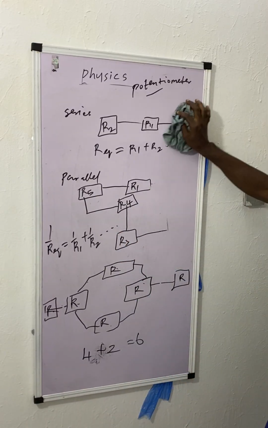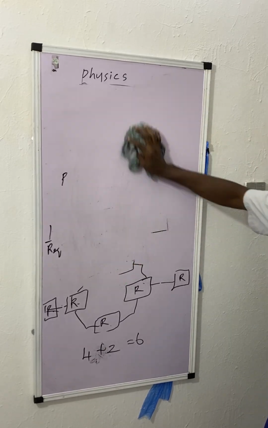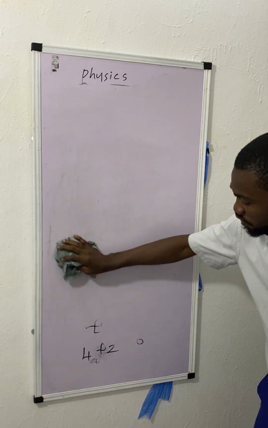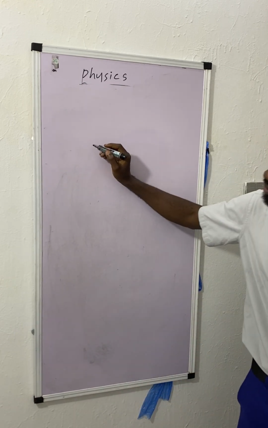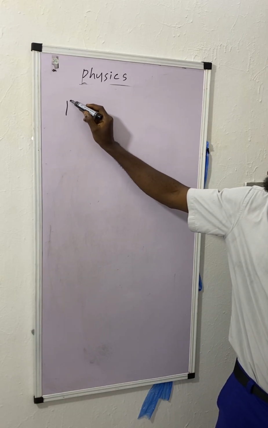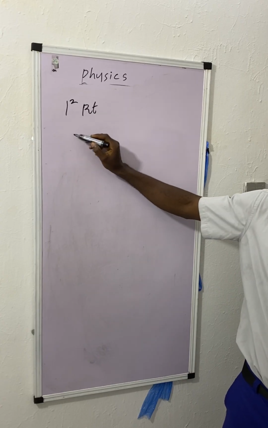There's something else we have to do here. After solving your total internal resistance, they can ask you to look for the current, or the resistance, or whatever. You can simply apply the electricity formulas. You have I squared RT.